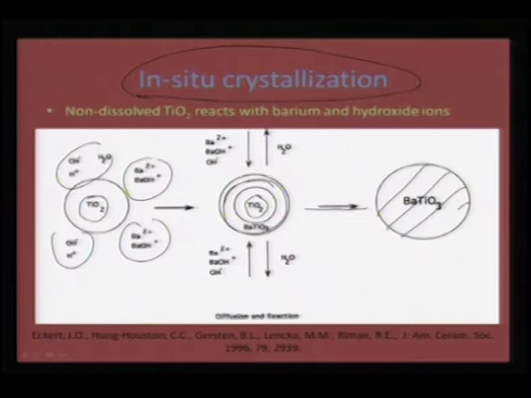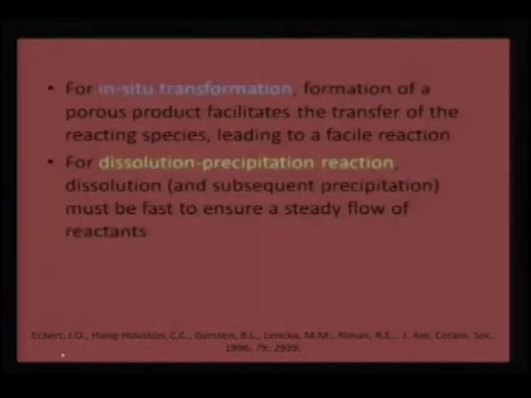But what is seen is that this is not a heterogeneous crystallization process, whereas it is a complete dissolution. So, for in situ transformation what you would require is just a porous product which will act like a nucleation site, and from there the whole thing can evolve.